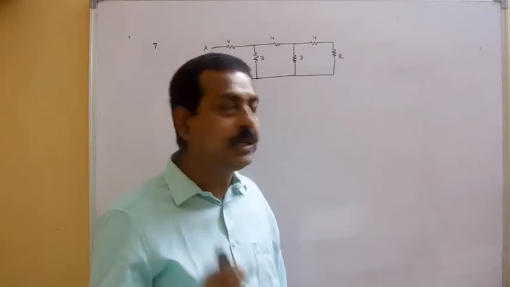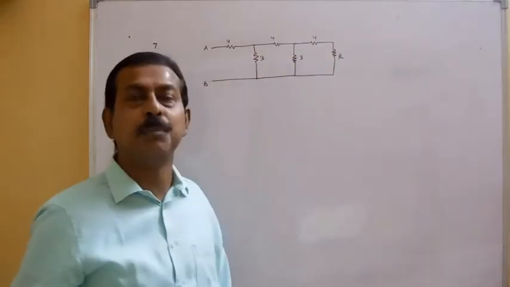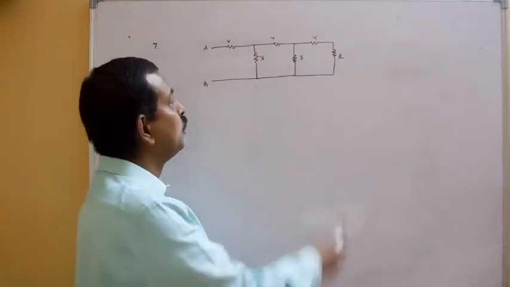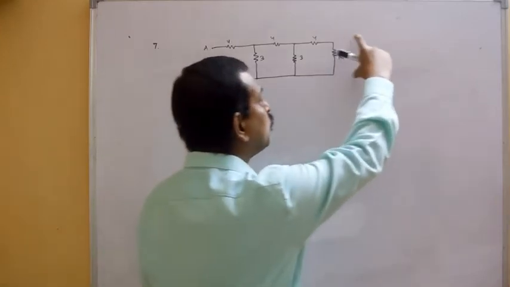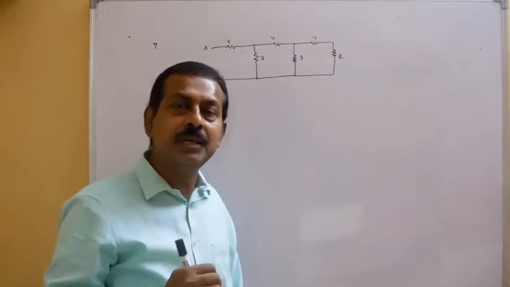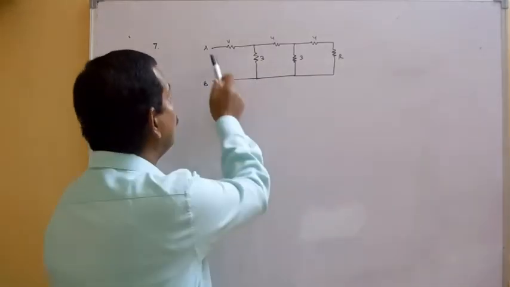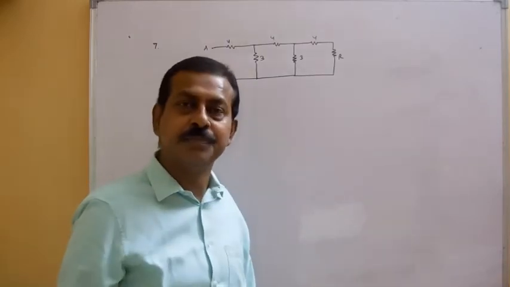You have to find the value of R so that this network is independent of number of units. Like here, we have shown say 2 units. If suppose 3, 4, 5, 6 units are there, still it will give you the same value of equivalent resistance between the points A and B.